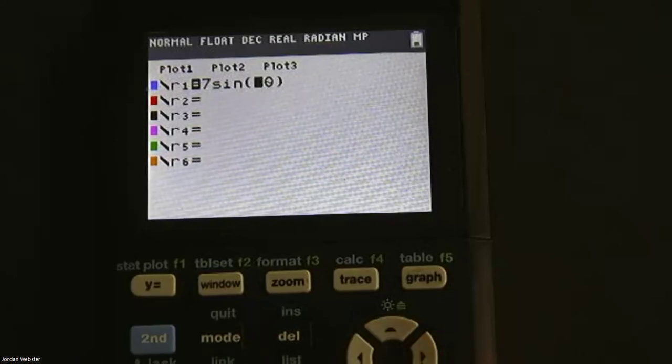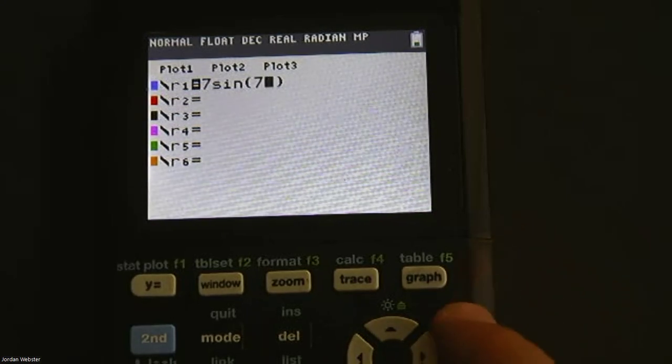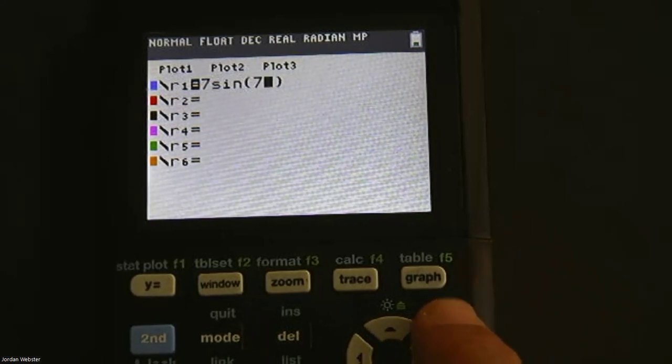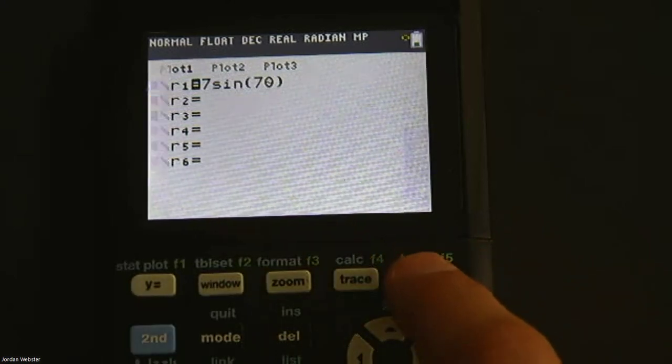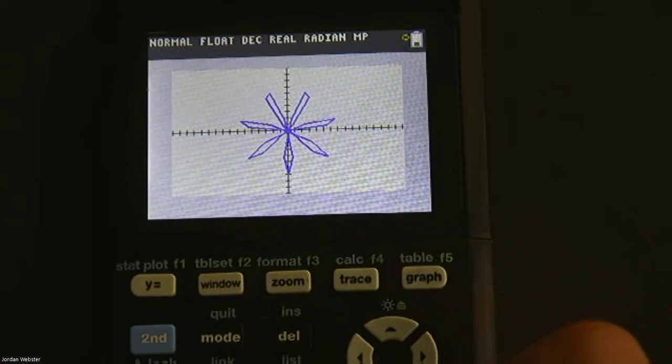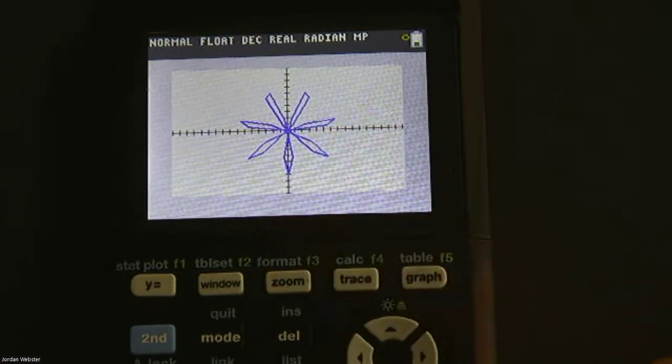Now, if you get too many loops, let's say we do 7 times sine of 7 theta. This 7 inside the argument will give me 7 loops. And then I graph. Notice how each of the loops is not very smooth.